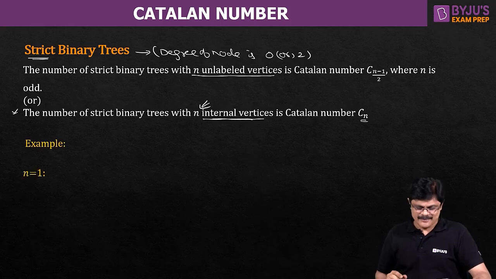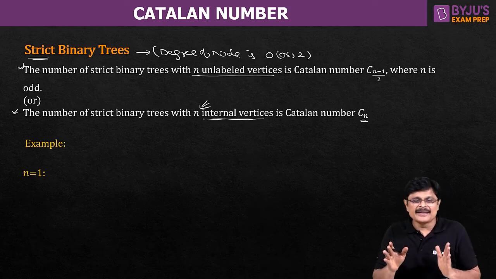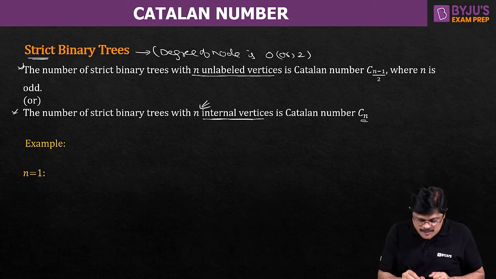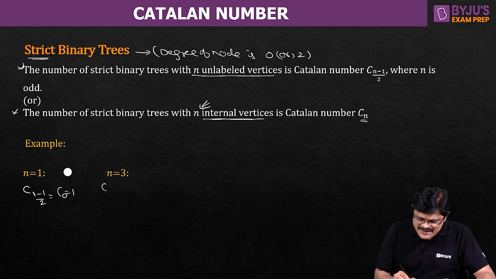Look at this example. n is equal to 1 is the number of nodes if you take it. Then the number of strict binary trees possible will be C of (n minus 1) by 2, that is C0. C0 is what, sir? 1. And that is the only one. Am I clear? That is a strict binary tree because the degree of this node is 0. n is equal to 3. So it is C of (3 minus 1) by 2, which is nothing but C1.